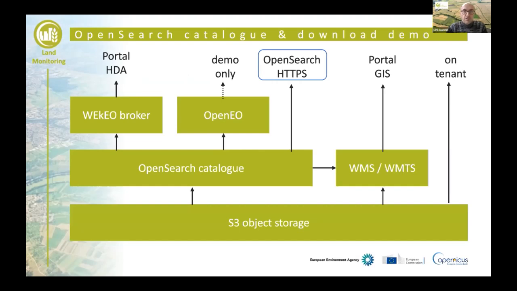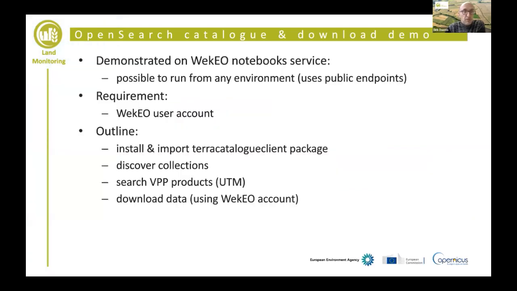So for the first notebook, this is where it is situated in the overall picture that Tim also presented. So we will be using the OpenSearch API, and we will download the data over HTTP. And these endpoints are publicly available, so this can actually be executed from any environment.